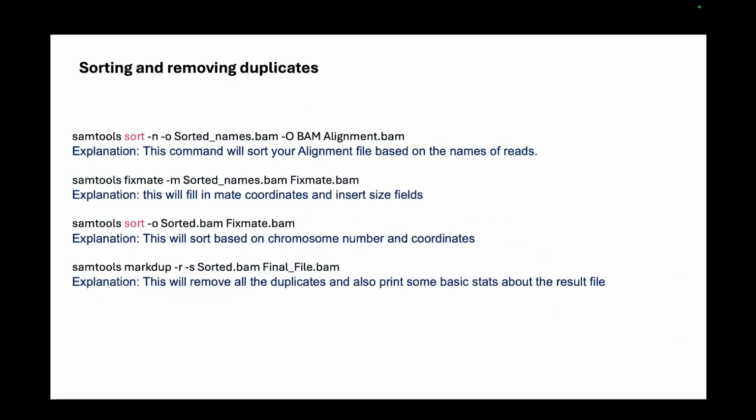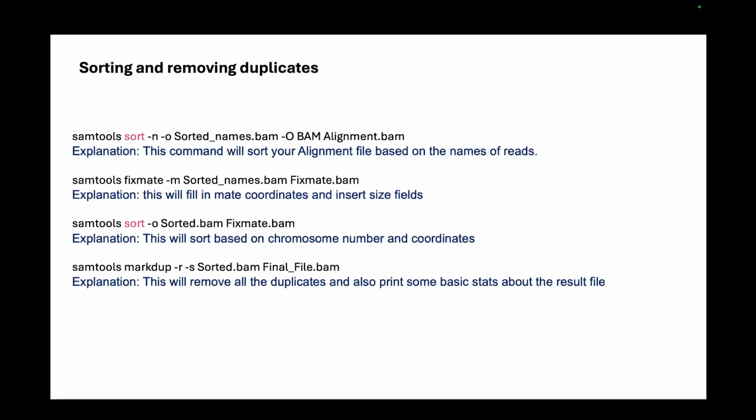Okay, so the tools that are used for this are mostly for sorting, duplicate removal, and conversion of SAM to BAM. SAM is basically the text file format, and BAM is the binary format of the same alignment file.